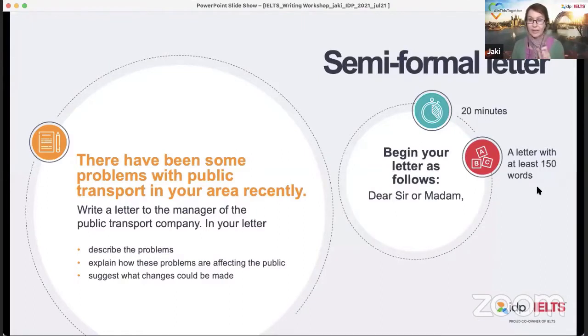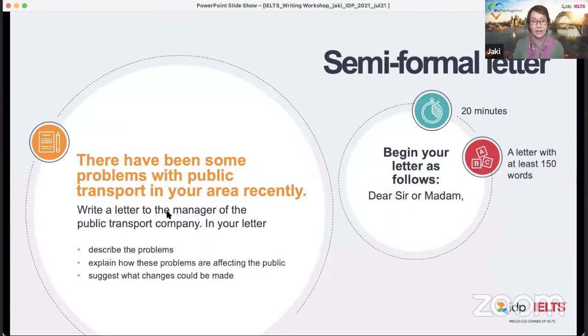Okay, so this is what it looks like. It will always tell you how to start. So please just follow that. Don't change it. Remember, following instructions is important. So, dear sir or madam. Okay. Then, so next we have this part. There have been some problems with the public transport in your area recently.